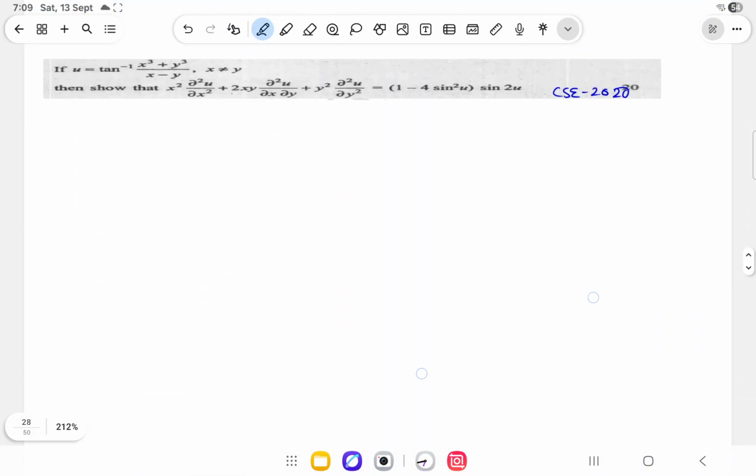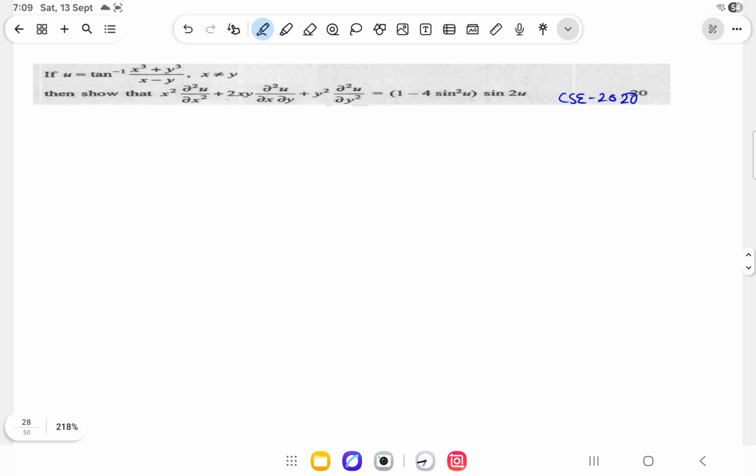So the next question says that they have given me the value of u. u is equal to tan inverse of x cube plus y cube by x minus y, and here x is not equal to y.